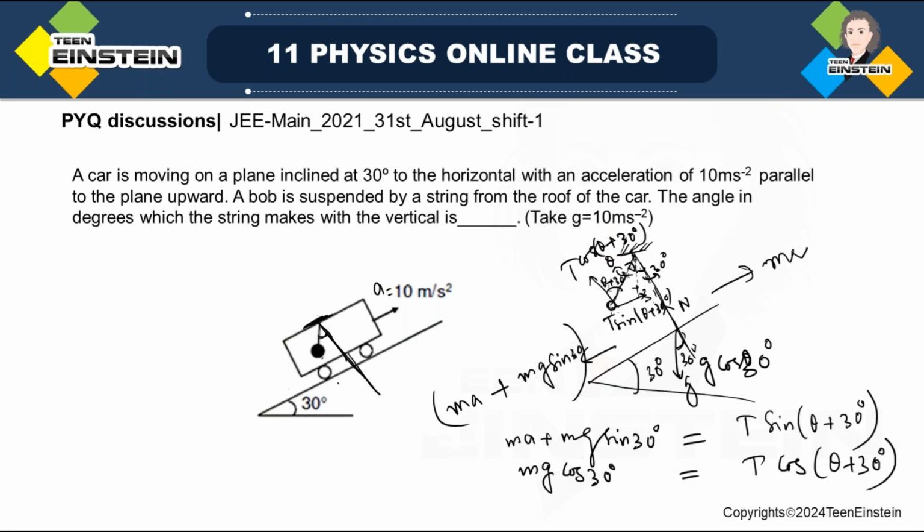So theta will be 30 degrees. With the vertical it will be theta, that is 30 degrees.